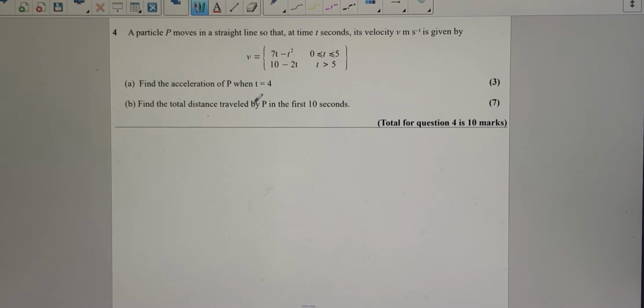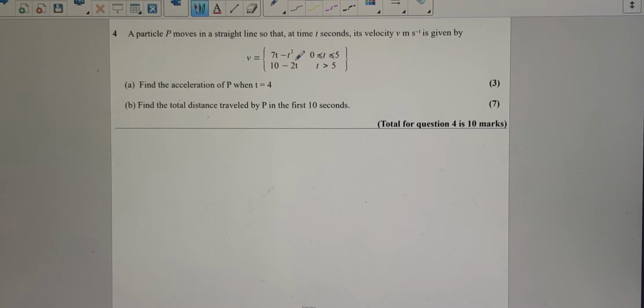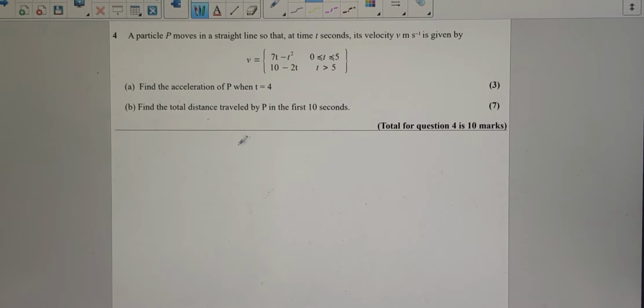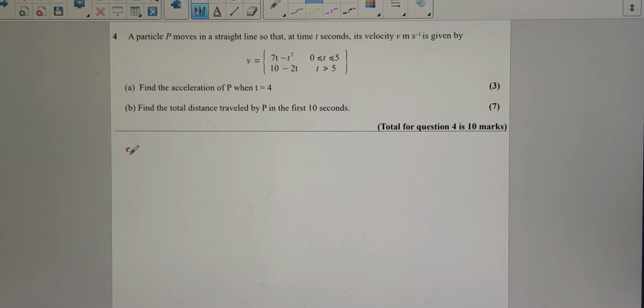Find the total distance travelled by P in the first 10 seconds. Well, I can't just look at this one between 0 and 10 because this only applies for the first 5 seconds. Therefore, let's think about what we know.